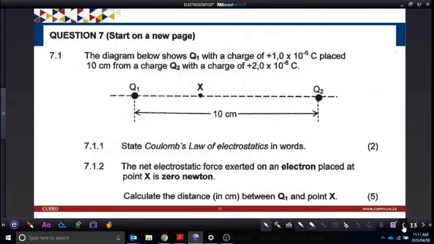7.1.2. The net electrostatic force on an electron placed at point X is 0. So the net force is 0.